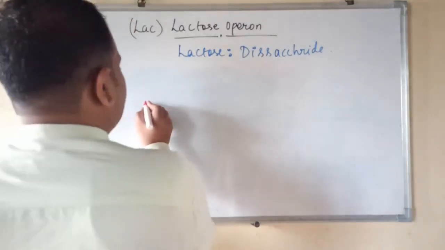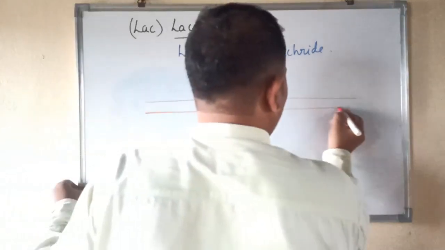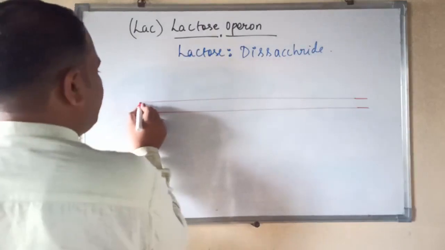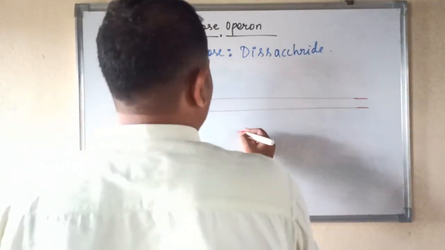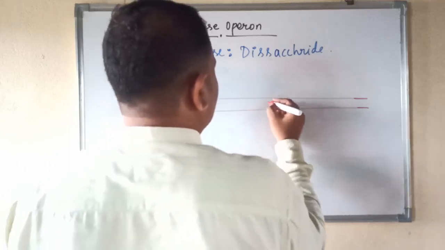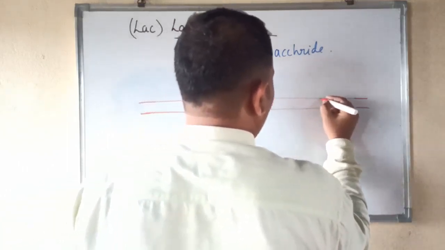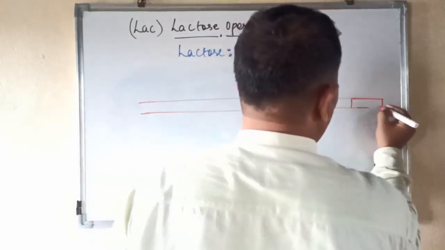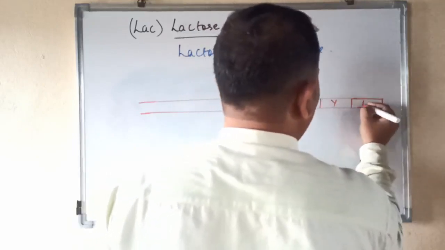Suppose this is the double-stranded DNA, which I have shown in unwound form just to explain the different regions. The first region present on the right side will be ZYA. This is Z, this is Y, and this is A.